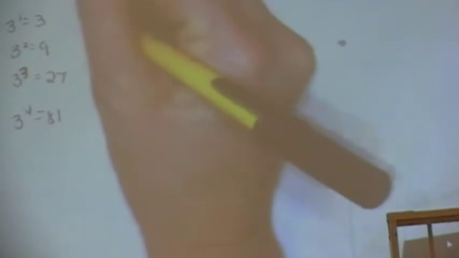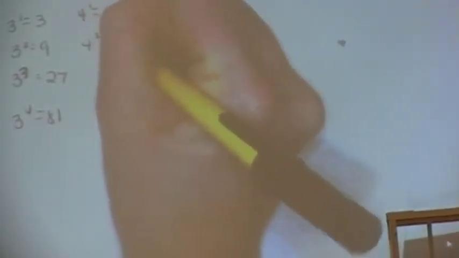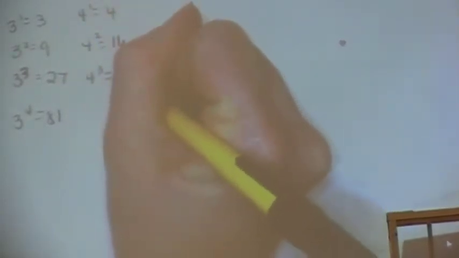Y'all following? 7 can't be rewritten because there's no base that would create a 7. I could do my 4s. 4 to the 1 is 4, 4 squared is 16, 4 cubed is 64. You can do your 5s and your 6s and your 7s, but you have to be aware of what things can be rewritten.